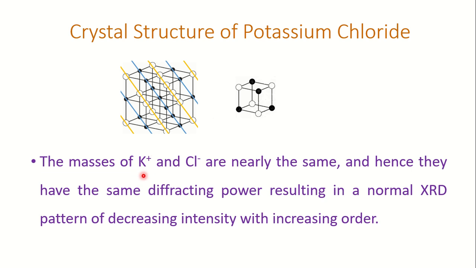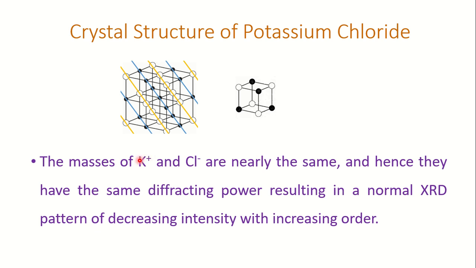The masses of potassium cation and chloride anion are nearly the same. This is the reason. Because in case of sodium chloride, the mass of sodium ion was a little bit lighter than that of potassium. So, the high intensity lines could not be produced during Bragg diffraction.